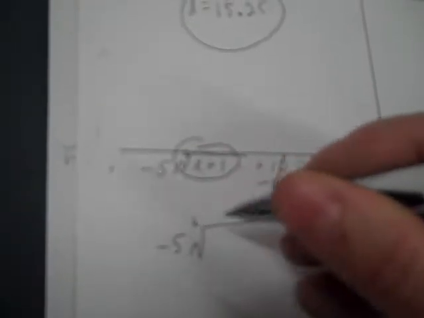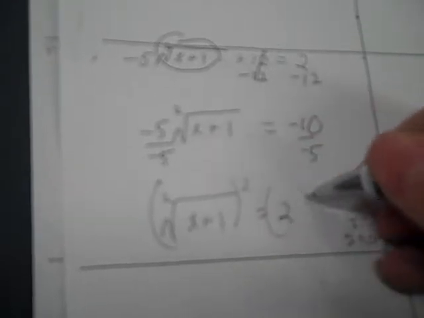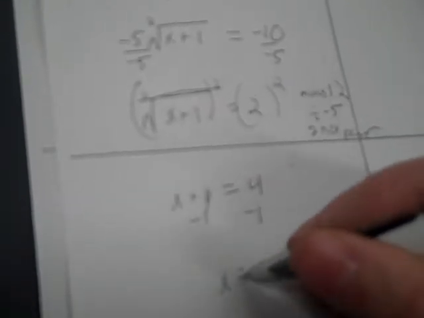Minus 12, minus 12. That takes me to negative 10. Then I divide by the negative 5. That takes me to 2. Now I second power. Cancel, and I get x plus 1 equals 4. Don't need scratch paper on that one either. That's 3.